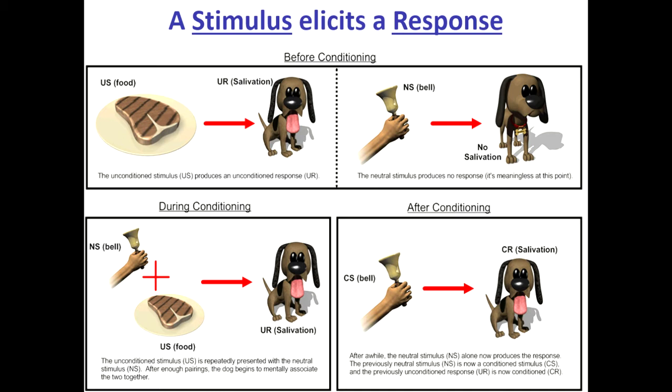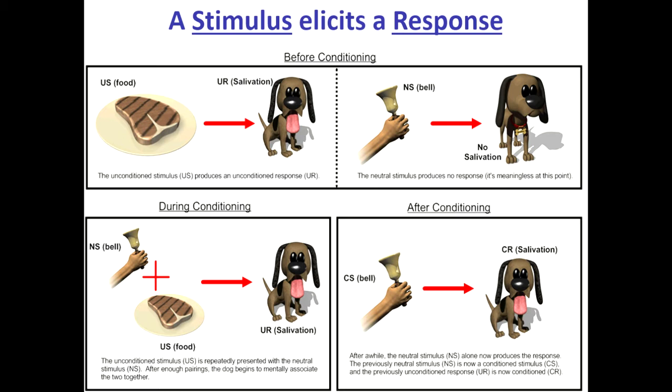Understand, there's no learning that takes place there. This is a naturally occurring reaction. In classical conditioning, we always need to have this initially naturally occurring response. So in this case, the food causes salivation. No learning has to take place in order for food to produce salivation.